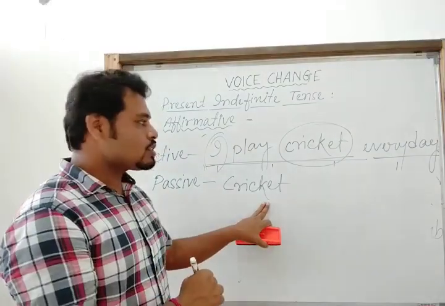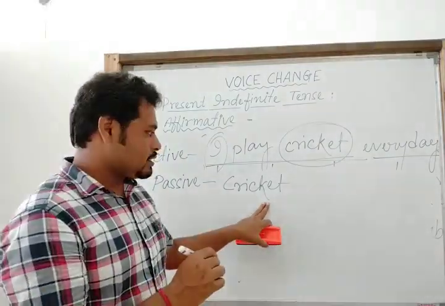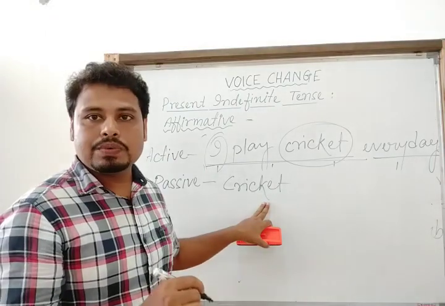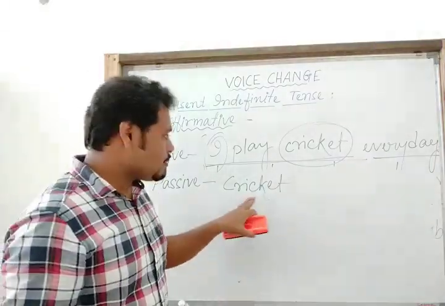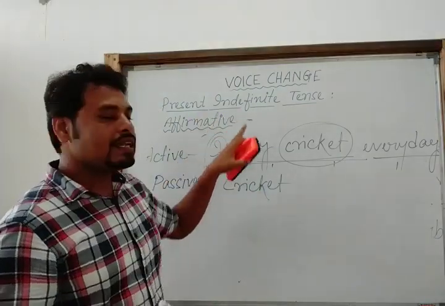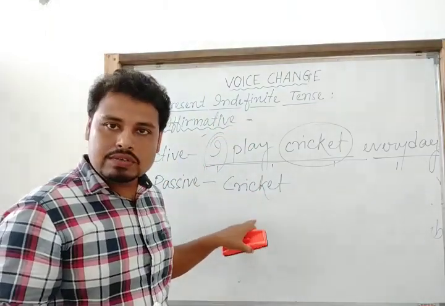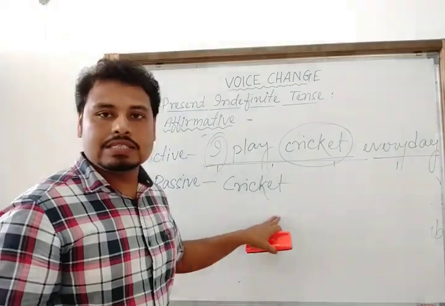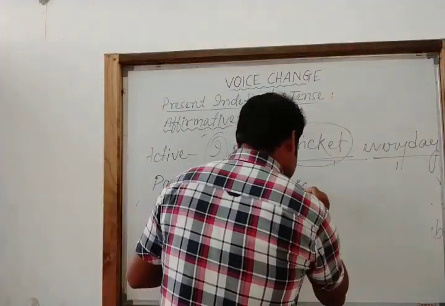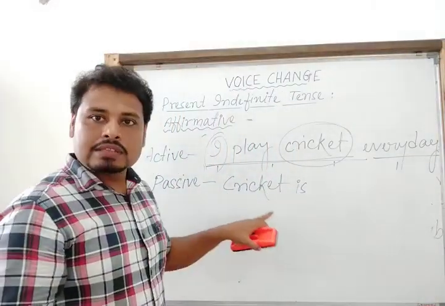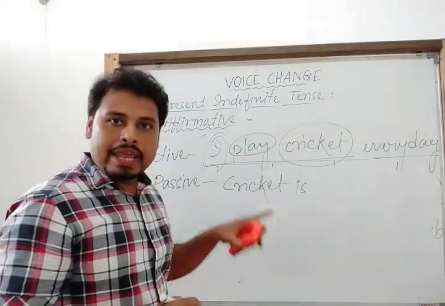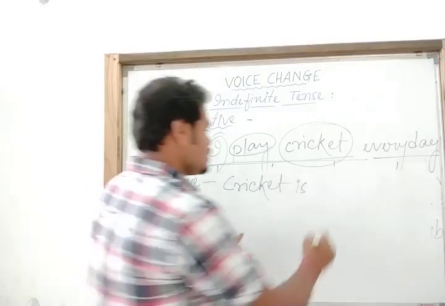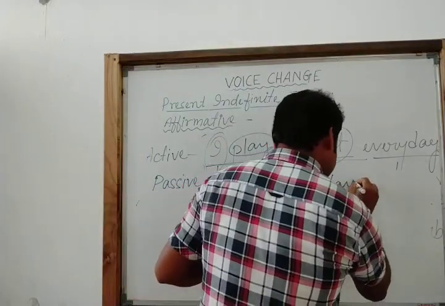It depends on the subject. Cricket is third person singular, so in present indefinite tense the be verb is "is". So, cricket is. Now the third form of the verb: our verb is play, played, played. So, cricket is played.